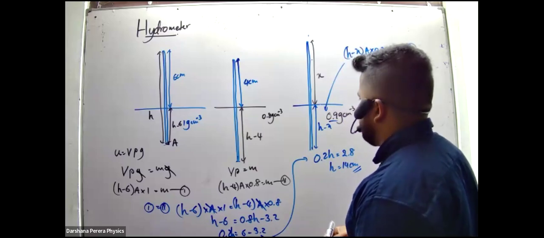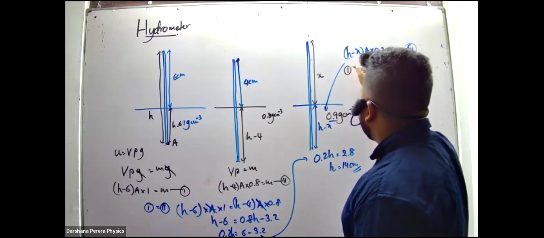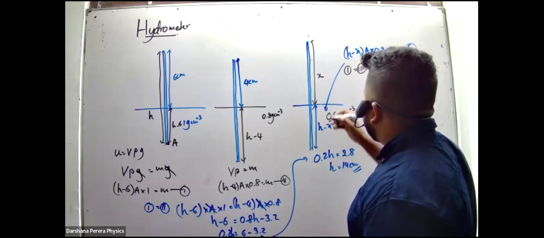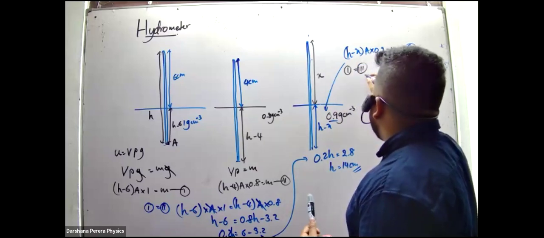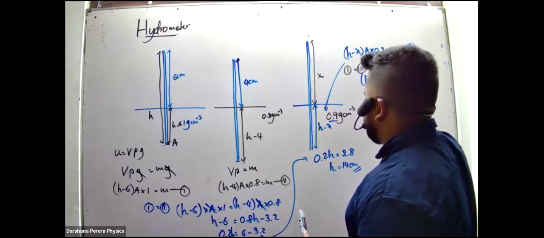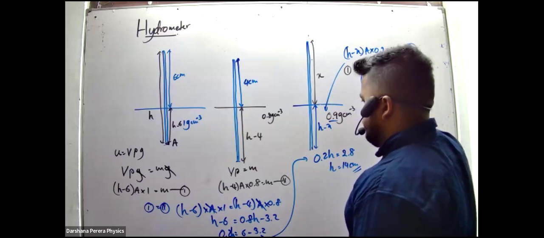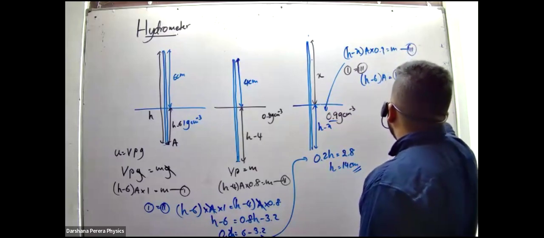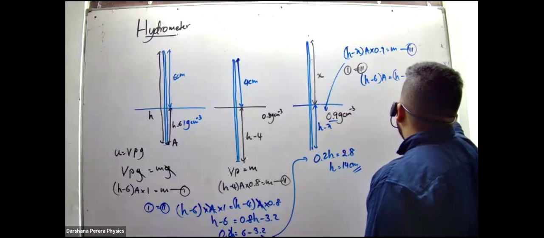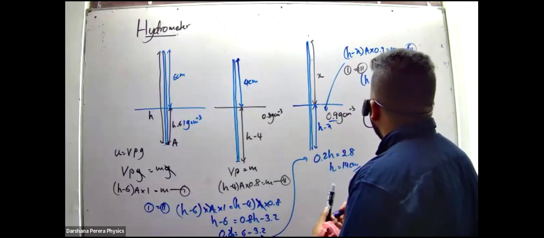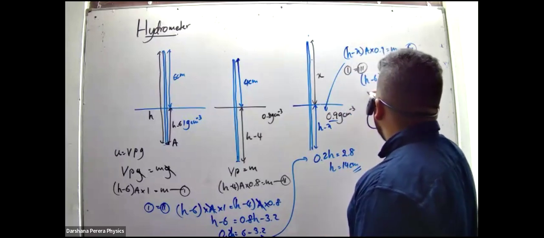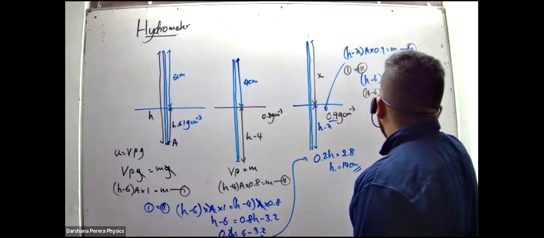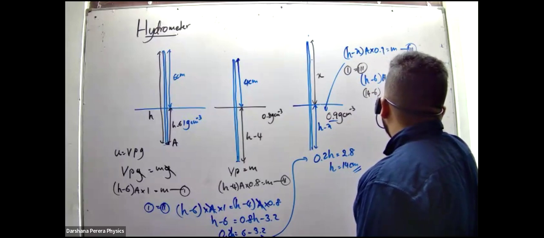So I equate the first one and the third one. (h minus 6) into 1 A equals (h minus x) A into 0.9. h is 14. 14 minus 6, A and A cancel out, equals (14 minus x) into 0.9.